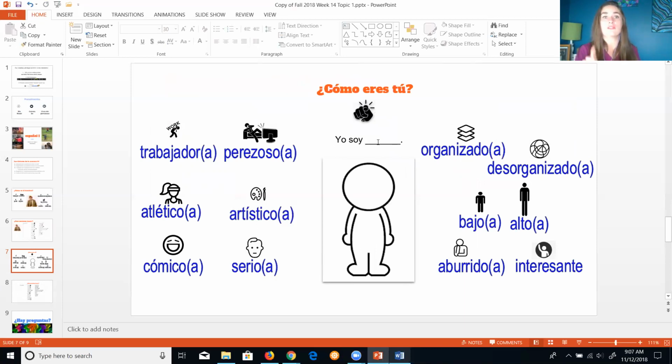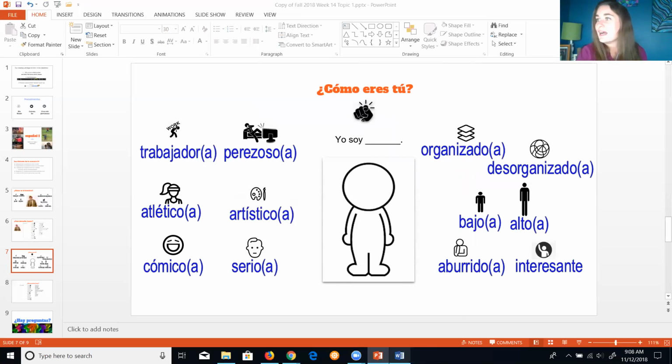So if you're a boy, you would use our original or masculine versions of these words. If you're a girl, since you're talking about yourself, you are talking about a female. So you would make sure that those are feminine. For example, I would say, yo soy baja, because I'm short and I've got to make bajo feminine, so I changed the O to an A. So, entonces, clase, escriben en el chat, ¿cómo eres tú?